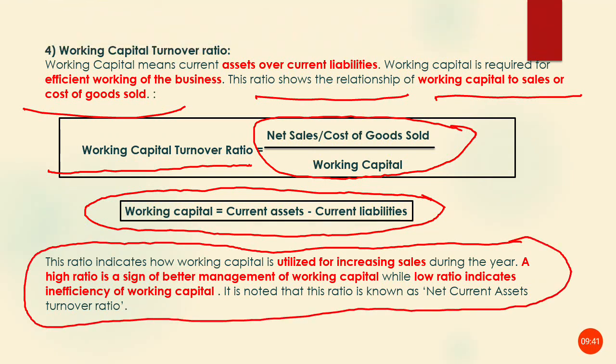A high ratio is a sign of better management of working capital, while a low ratio indicates inefficiency of working capital. It is noted that this ratio is known as net current asset turnover ratio.